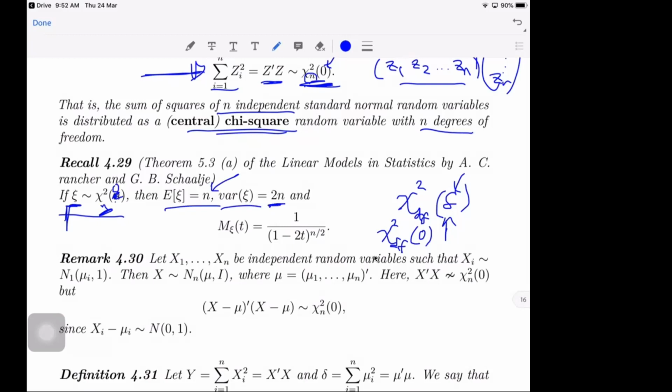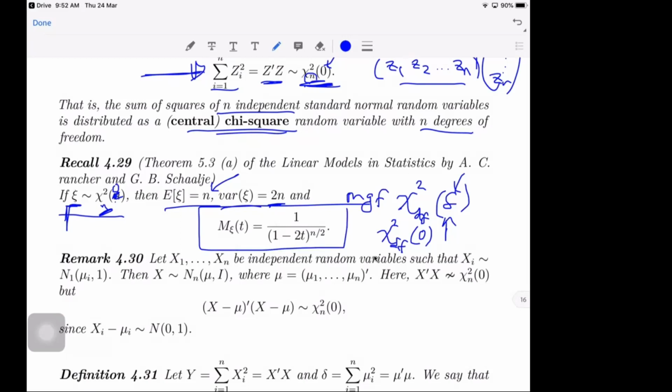So ang expected value sa chi-square distributed na random variable is equal to its degrees of freedom, and the variance is equal to twice the degrees of freedom. And this is the unique moment generating function. So that will be 1 over 1 minus 2t raised to the n over 2.